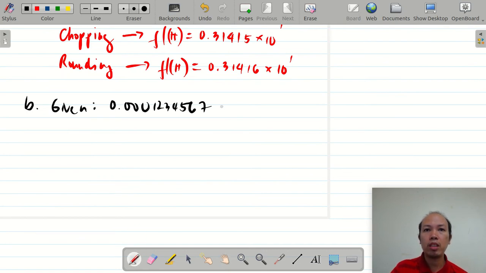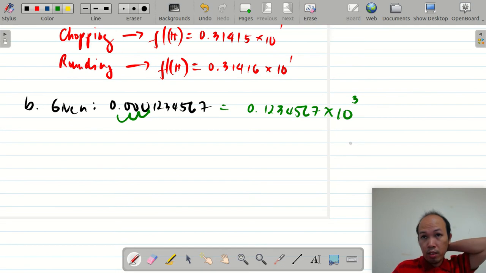So this is equal to 0.1234567 times 10 to the, you move 1 2 3, positive 3. This is the normalized decimal floating point representation.